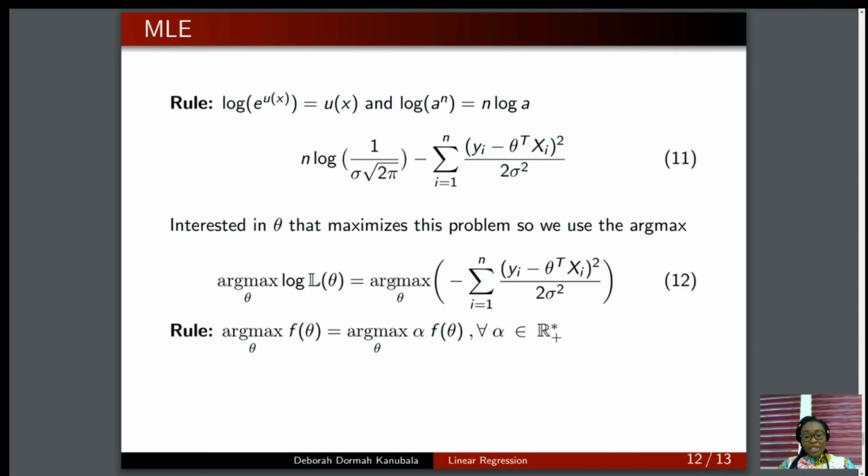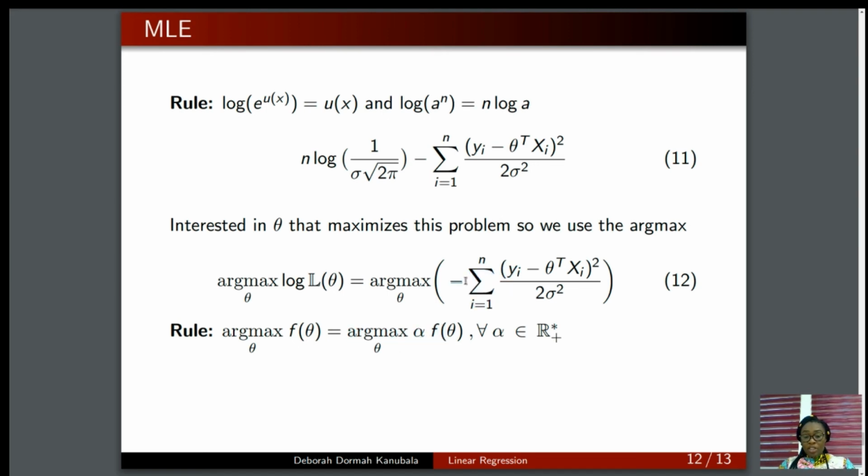When we take the argmax of this, we use the rule that the argmax of any function is equal to the argmax of any constant times the function, for any constant which belongs to R plus. So if this is already 2 sigma squared, we can multiply this whole function by sigma squared using this particular rule.